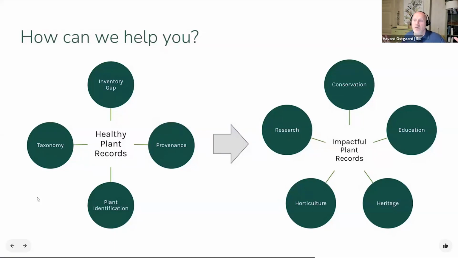So that inventory gap you want to keep as small as possible, so that you can rely on your records. The other two: provenance, where did this plant come from? Provenance can be very important if it's conservation material, but in other cases also for other reasons. And the last one, plant identification, being able to record uncertainty if you are unsure about a certain identification.